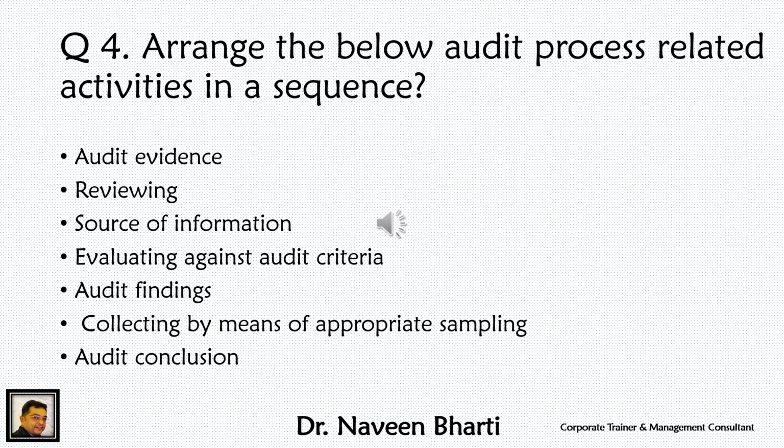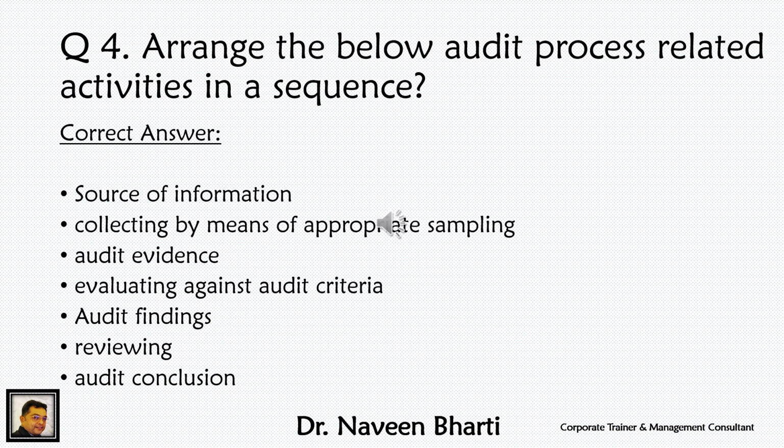Arrange the below audit process related activities in a sequence. We need to understand the below audit process related activities in a sequence. Once we start audit, we are with auditee, which is our source of information. We use our checklist, ask questions, and collect the evidences by means of sampling.